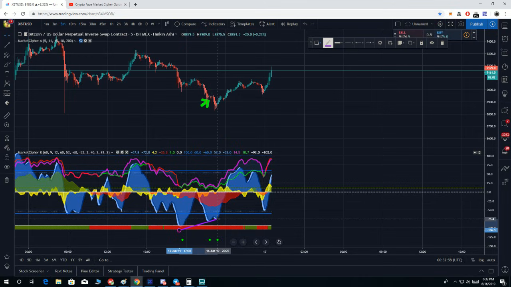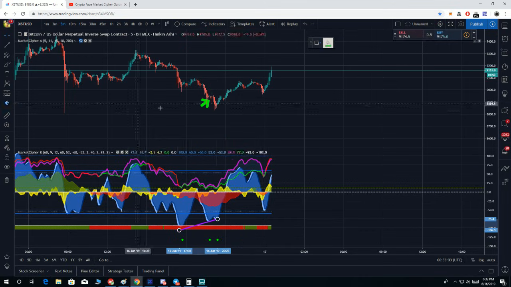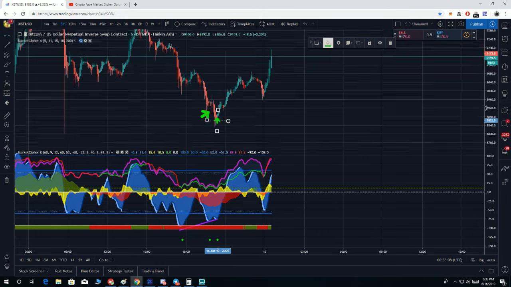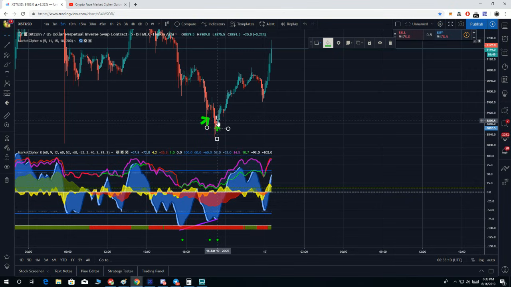So boop, another long entry right here on this candle. Boom, price action goes up. So average entry, we'll call it 8,890.